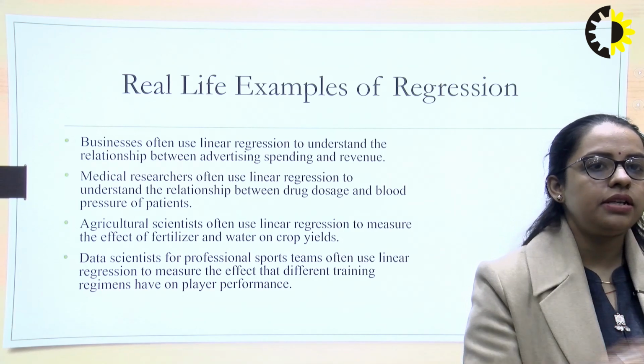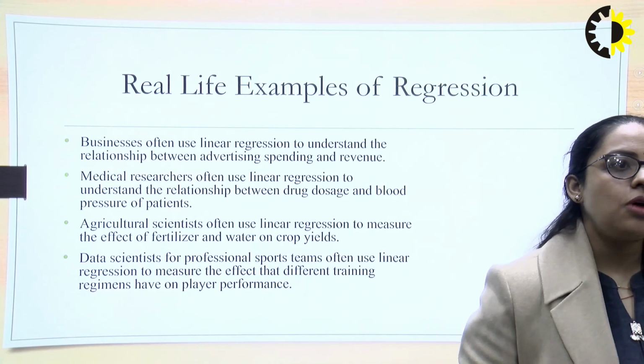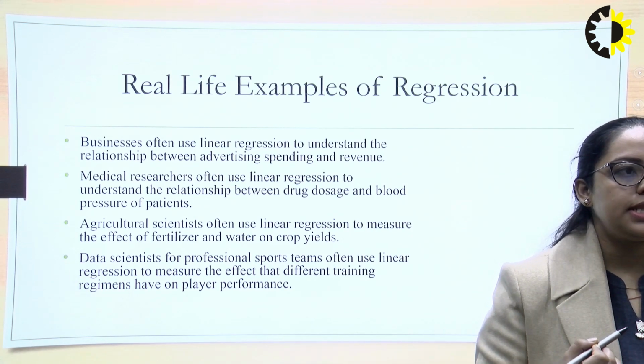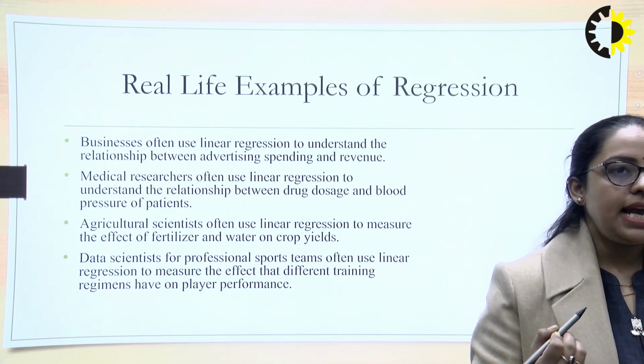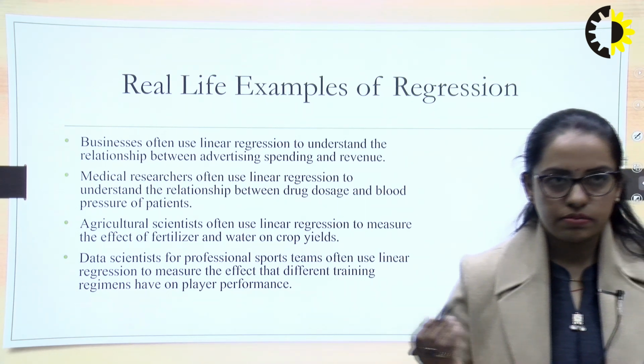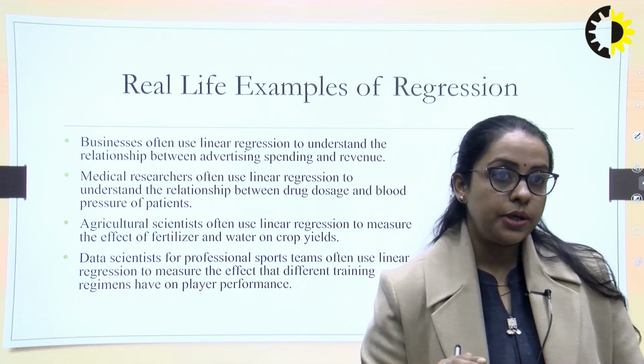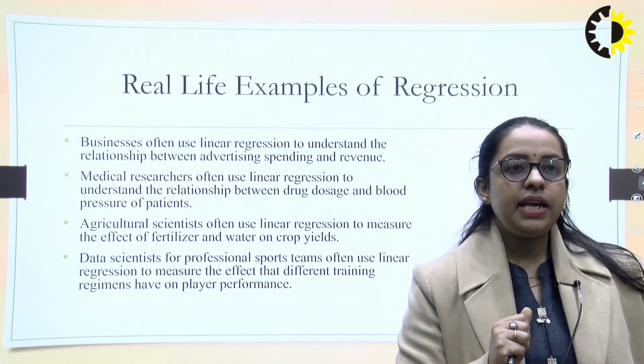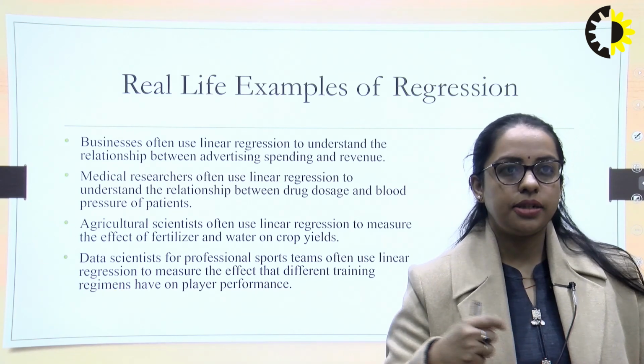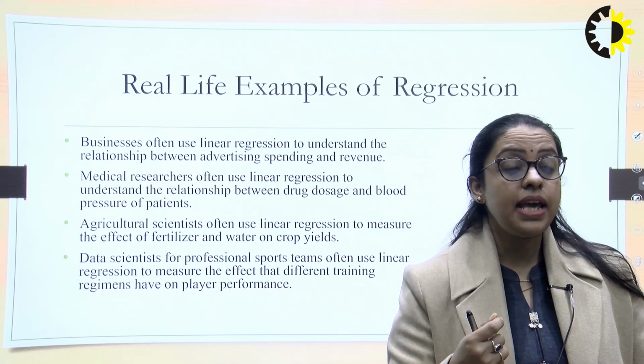The first point mentioned here is that businesses often use linear regression to understand the relationship between advertising spending and revenue. What type of example is this? In this example, we have a product which we have to promote.